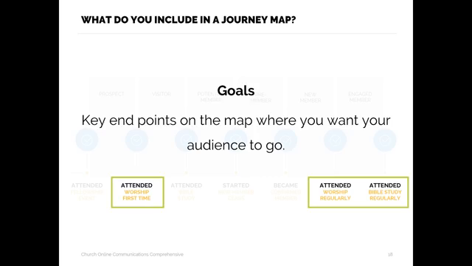Now, that doesn't mean that every single goal is represented as its own step. You may have goals that are related, but you may not call out each goal on the journey map as a separate step depending on where they are, but you should have them represented there in some way, shape, or form.